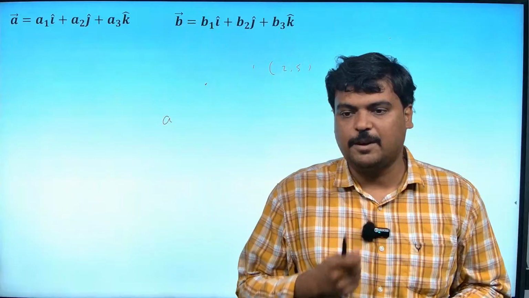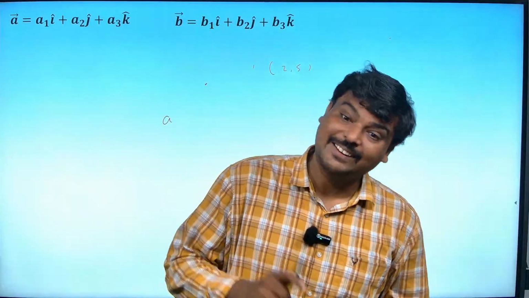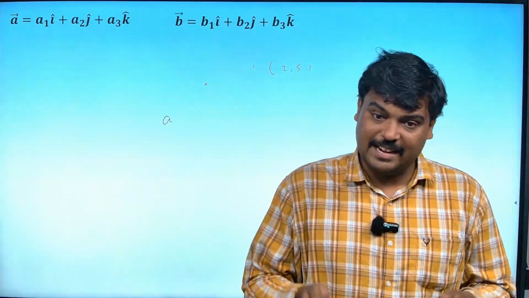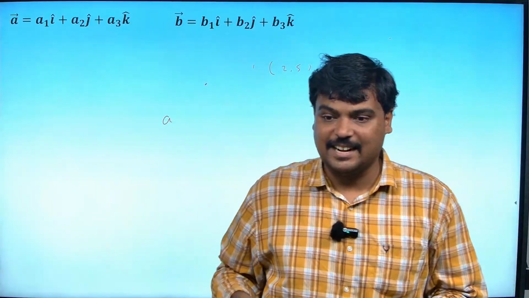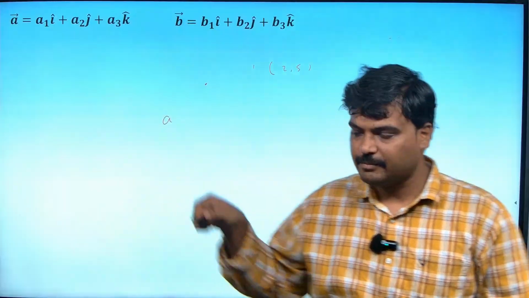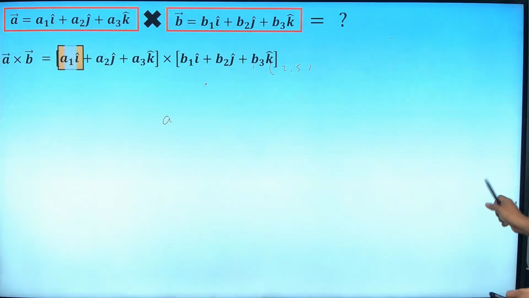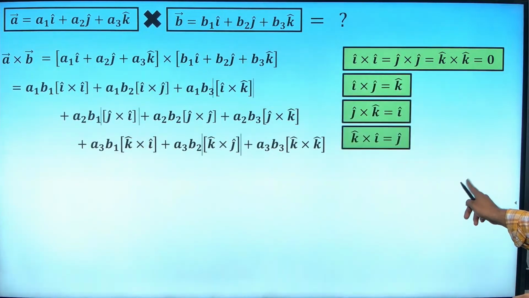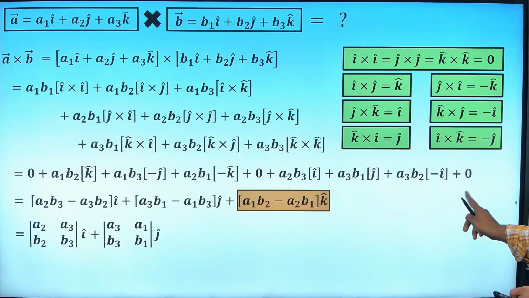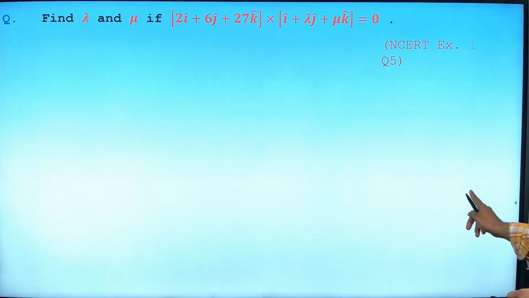The result of cross product ends up as another vector. So think, another vector can have many directions, that's why they put n cap. This kind of question will be more. Yes, let us do this guys.